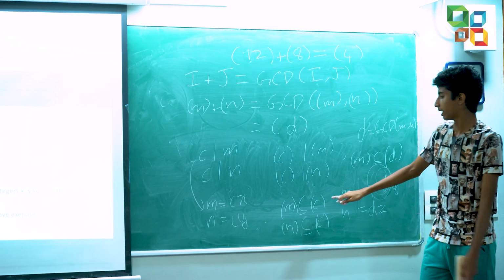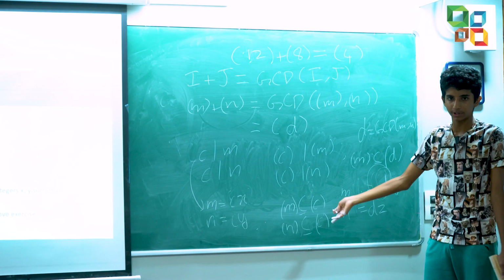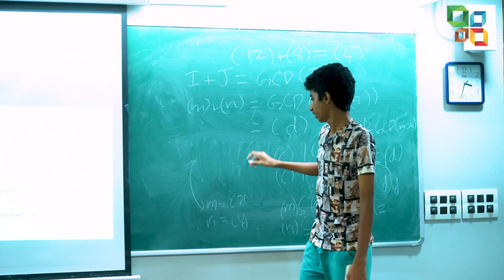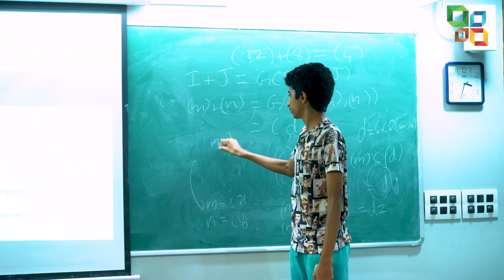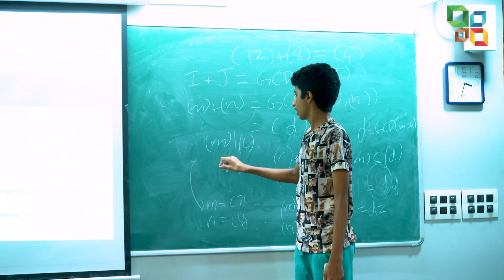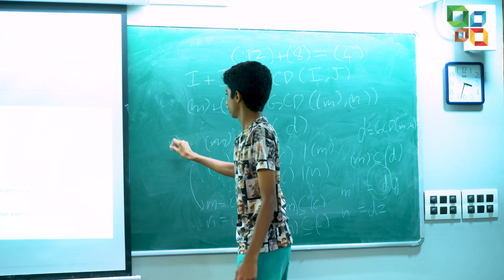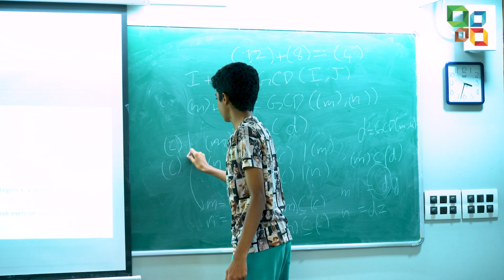Anyways, M is a subset of C and N is a subset of C by the ideals, what we saw in the previous two slides, which means C divides M and C divides N.